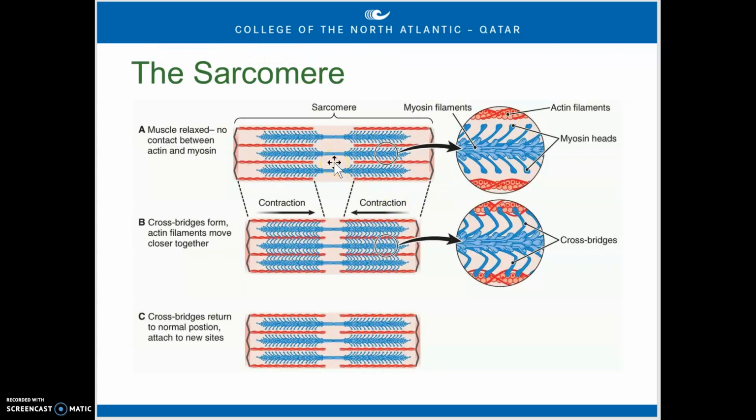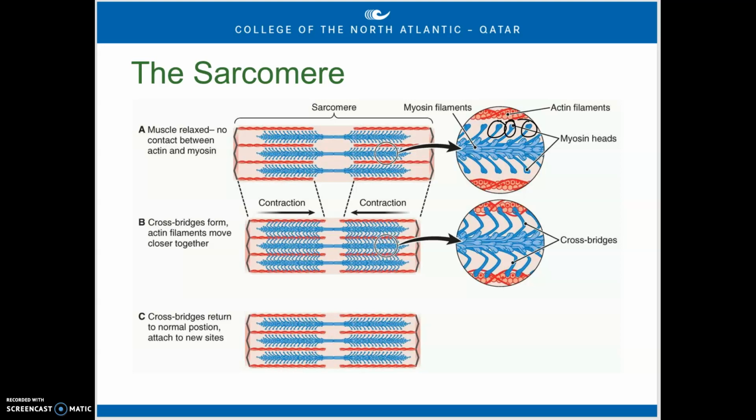So if we look at this picture here, the myosin filaments are going to be in blue, and the actin filaments are going to be in red. You can see the actin are the thinner, lighter filaments, and the myosin are the shorter, thicker ones. But what I want you to look at is these heads. The heads are little tiny areas right here that branch off of the myosin.